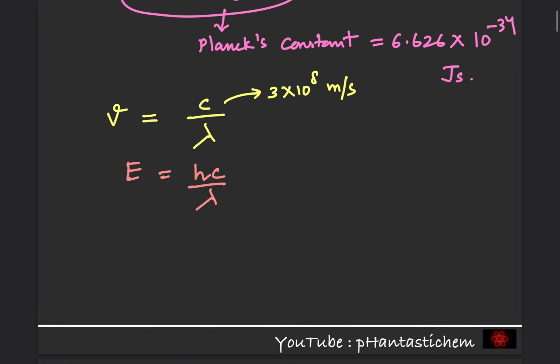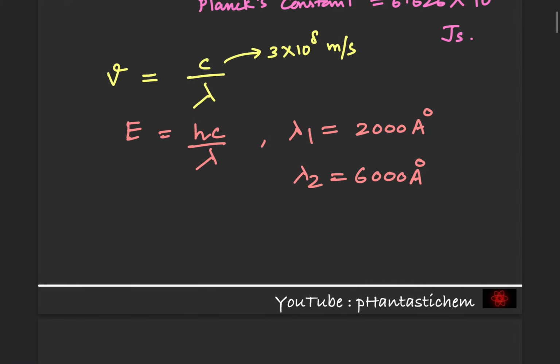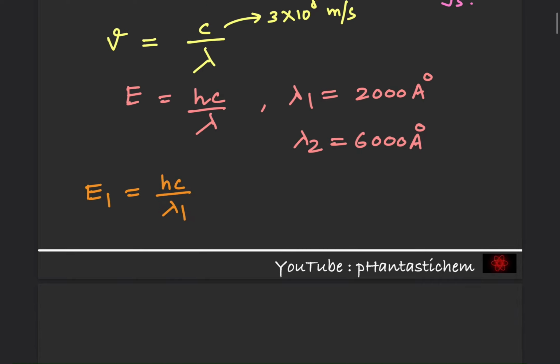In our question they have given us that lambda 1 is equal to 2000 angstroms and lambda 2 is equal to 6000 angstroms, okay. So therefore I can write E1 will be equal to hc by lambda 1, because h and c are constants. The only variable here is the wavelength, and E2 will be equal to hc by lambda 2, okay.